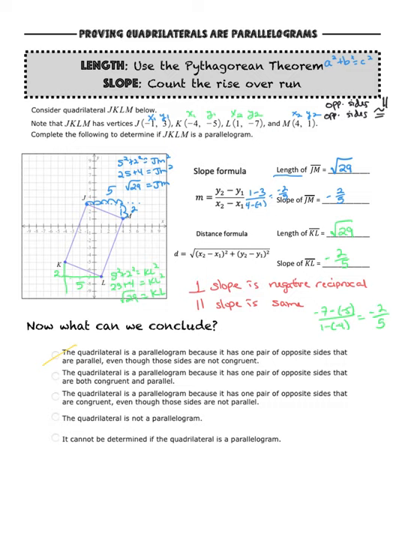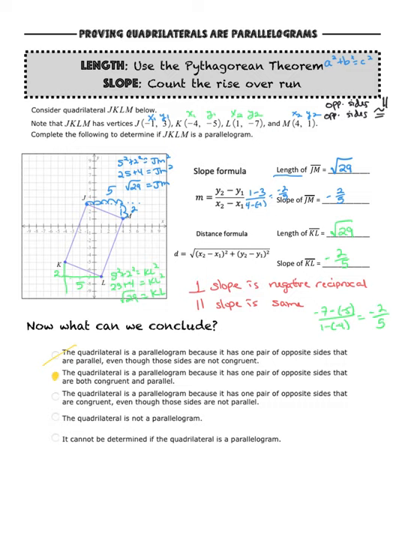Let's see the second one. It's a parallelogram because it has one pair of opposite sides that are both congruent and parallel. That one's right. We can stop right there, but I want to go through the others. Let's see, it's a parallelogram, one pair of opposite sides that are congruent even though those sides are not parallel.